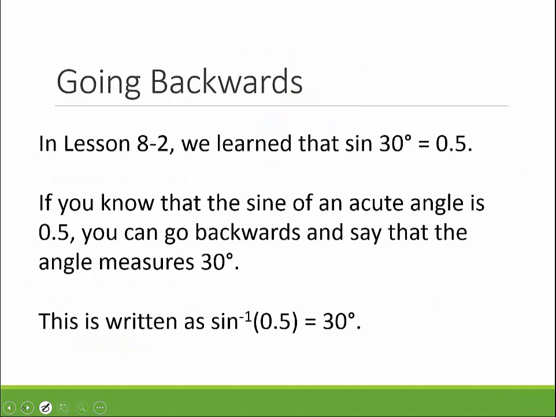So remember in the last lesson we learned that when you take the sine of an angle measure, you end up with a ratio of side lengths. So angle measure, you get a ratio of lengths.